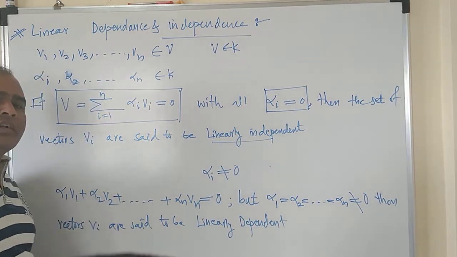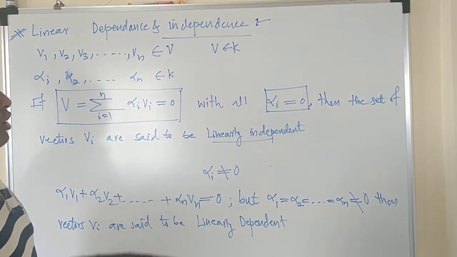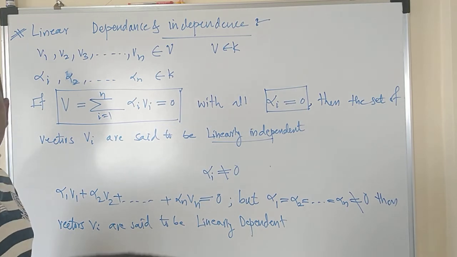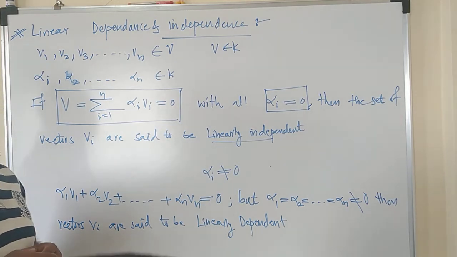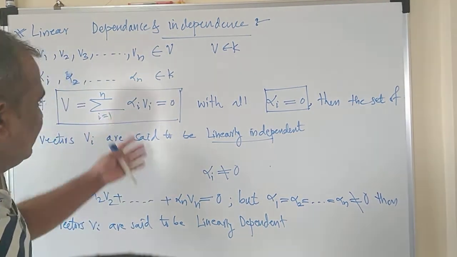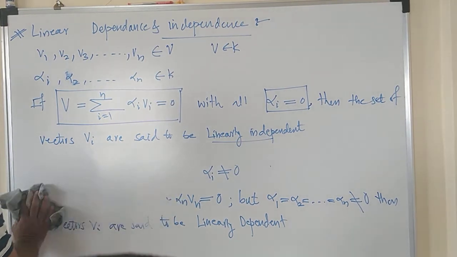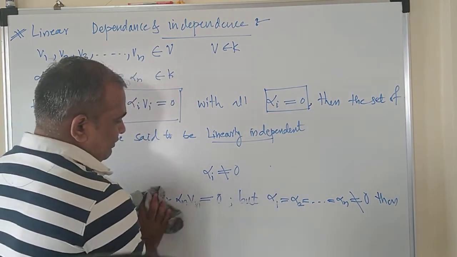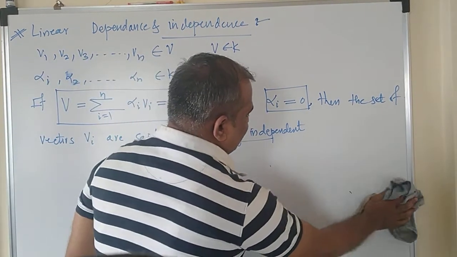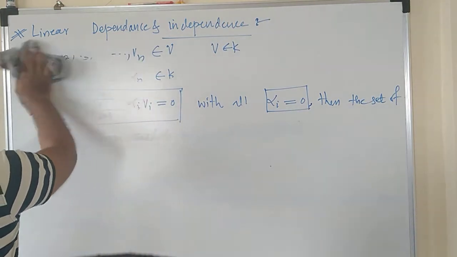There are two more ways of checking linear dependence and independence, that's by using the Wronskian determinant and row echelon form, that we'll see later on. I hope you have understood this definition. Once we finish with some examples, then we'll go for the conditions using the Wronskian determinant and row echelon form.